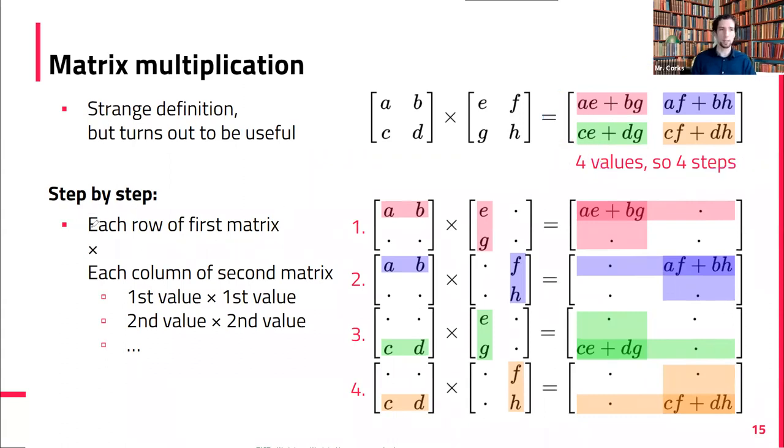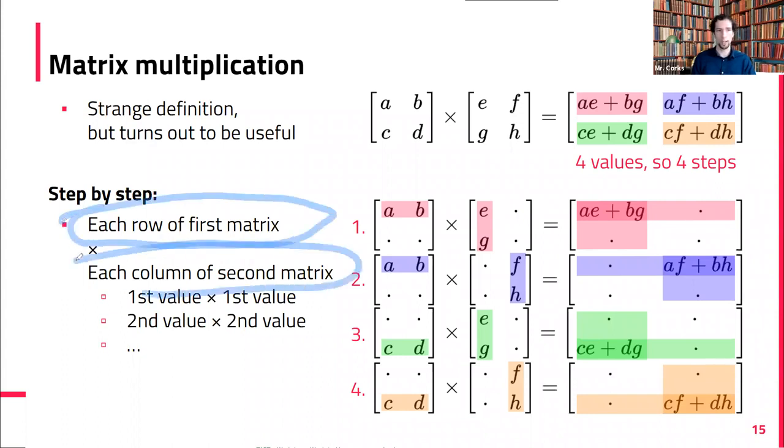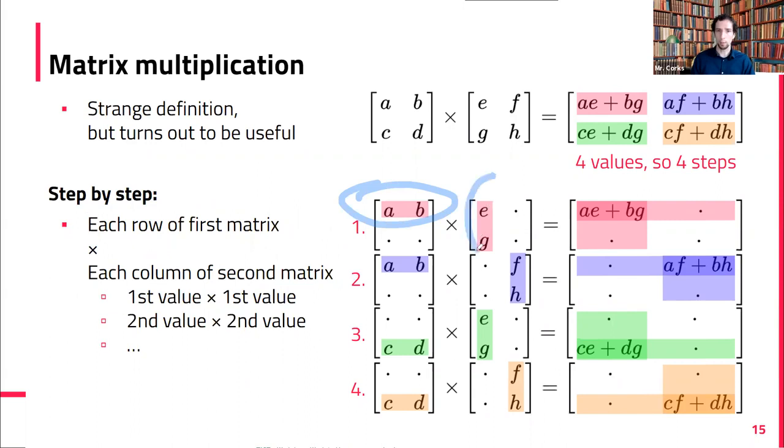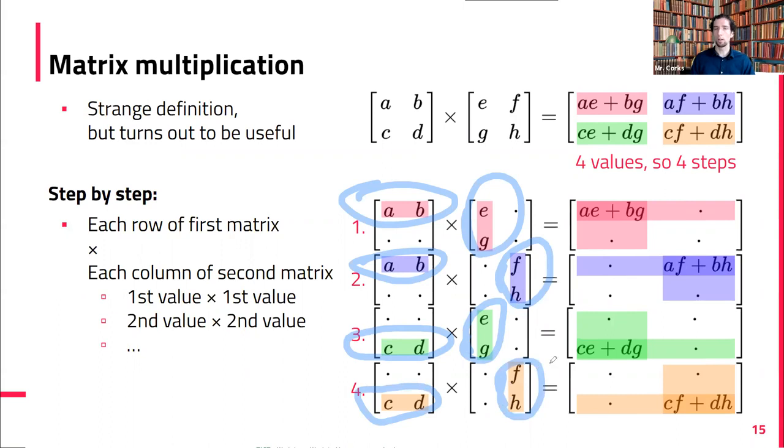The basic idea is we do each row of the first one times each column of the second one. So first row in the first one times the first column, and then again times the second column in the second matrix. Then we go to the second row of the first one and times the first column, then times the second column, and then the third and the fourth until we've done all the rows and columns in the matrix.